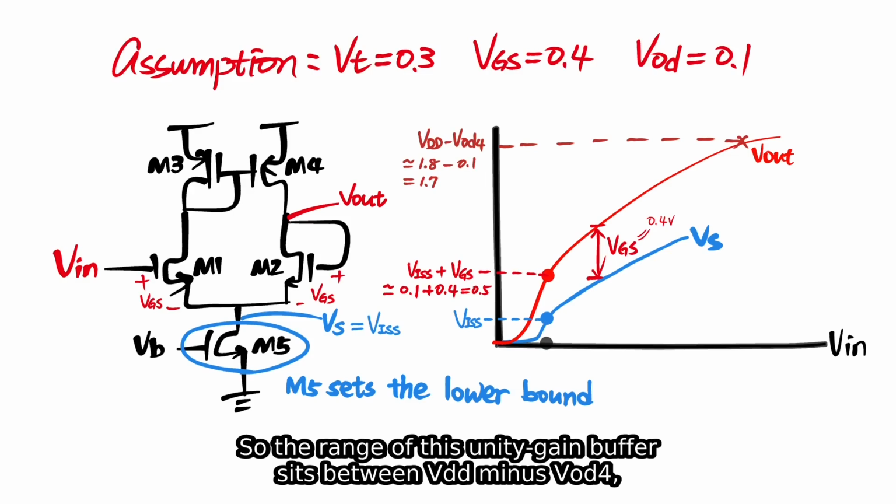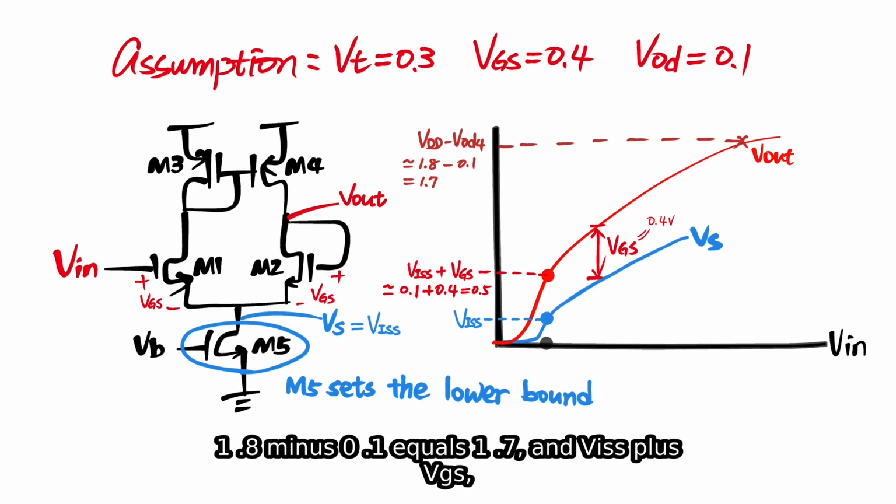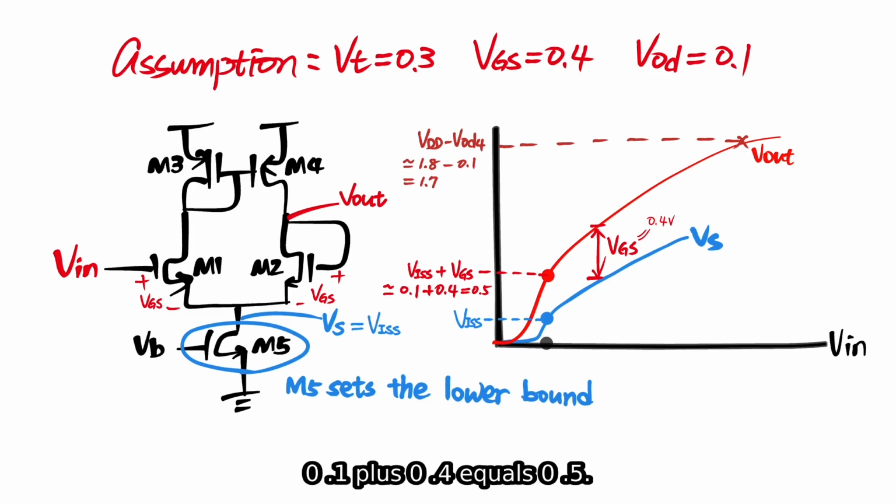So the range of this unity gain buffer sits between VDD minus V overdrive 4, 1.8 minus 0.1 equals 1.7, and VISS plus VGS, 0.1 plus 0.4 equals 0.5.